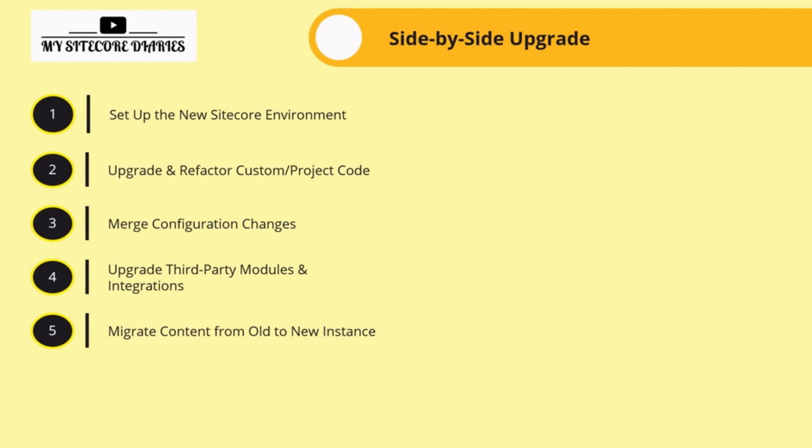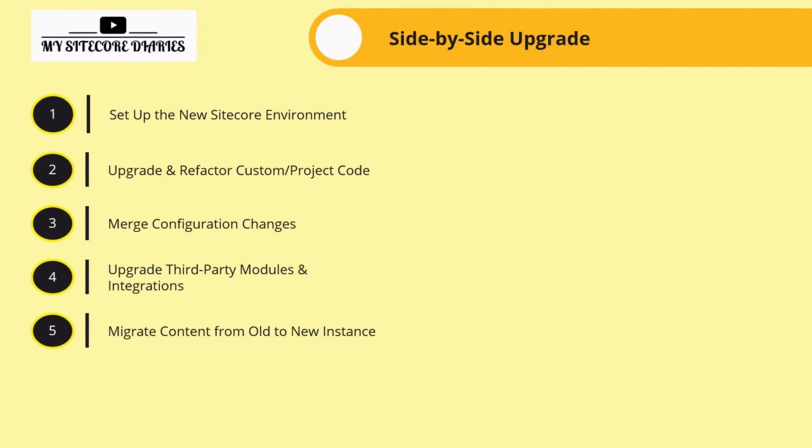Next, migrate content from the old to the new instance. There are multiple methods you can use. You can use your old way of Unicorn, but I will recommend using the Sitecore Content Serialization module, which is compatible with the latest version. Or maybe you want to create packages and import them.